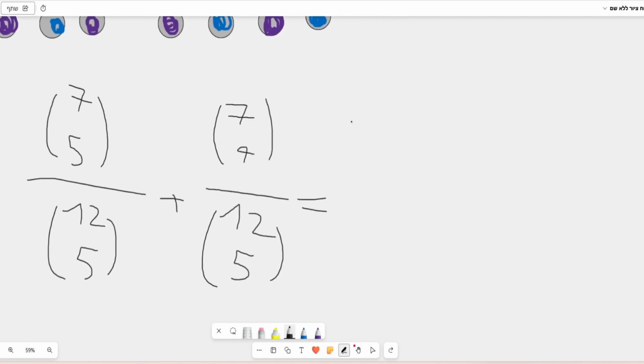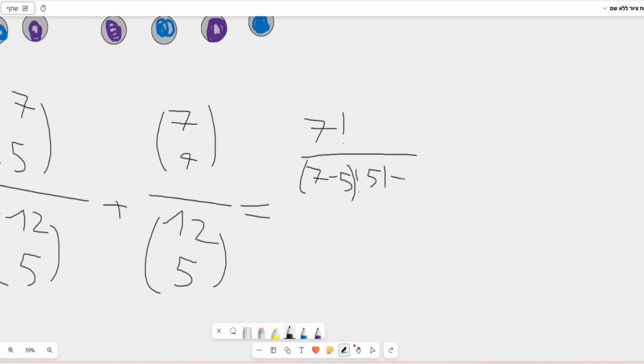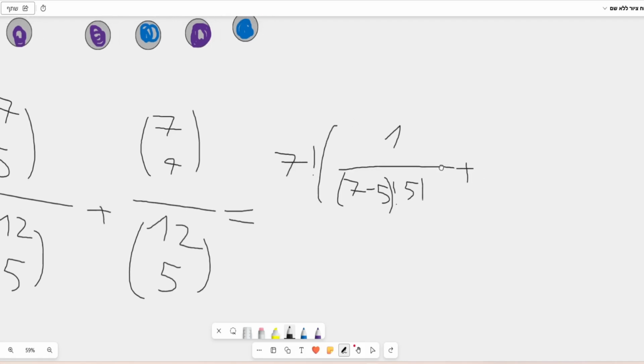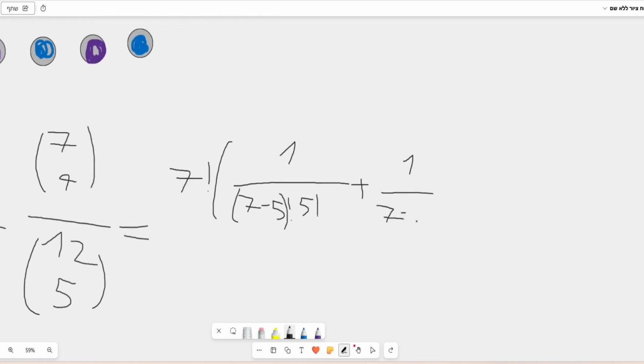I have 7 factorial in both of these, so I can just factor it out, over 7 minus 5 factorial times 5 factorial, and of course in parentheses, plus, no, sorry, what I meant to do is take all of that here, and the dot, thank you very much, and here 1 over 7 minus 4 factorial times 4 factorial.